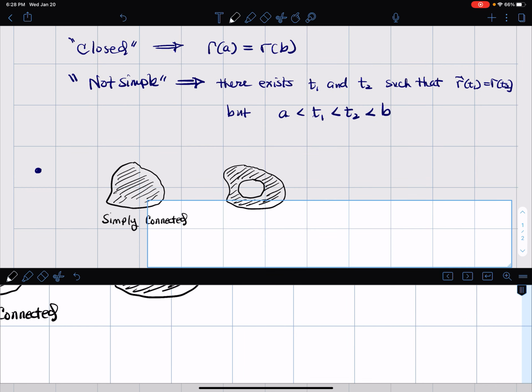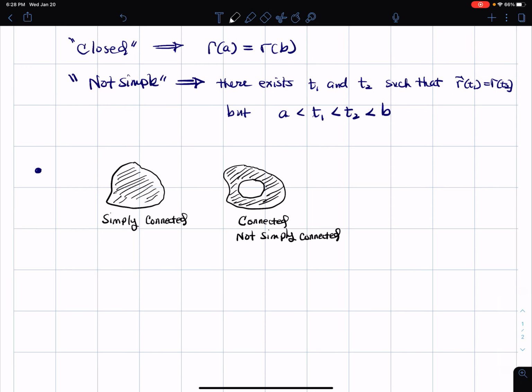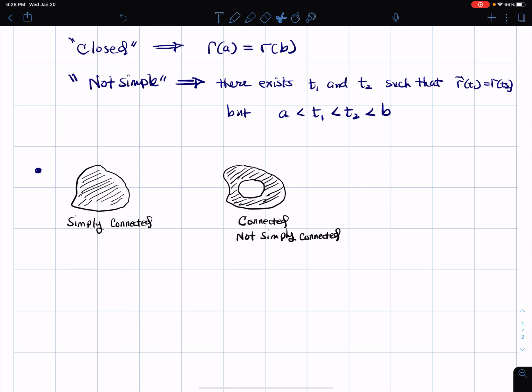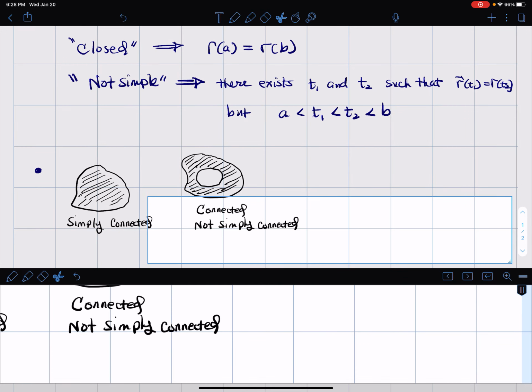All right, this is connected, but not simply connected. So we have connected and simply connected, and we have connected but not simply connected.